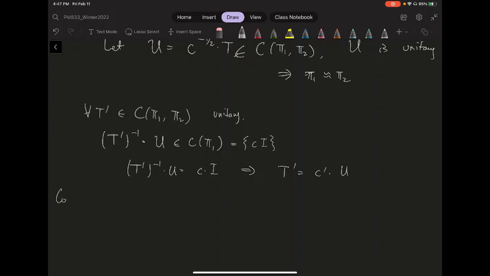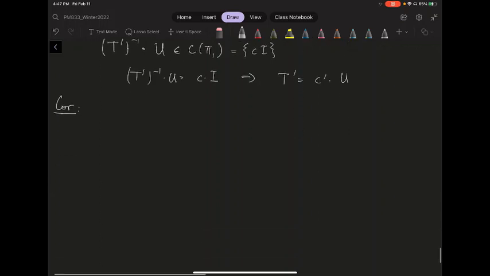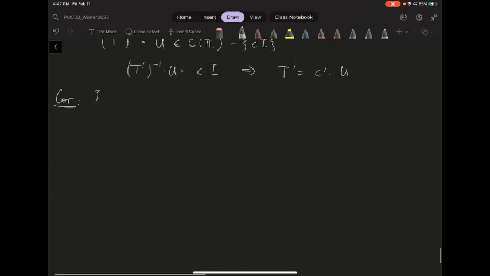So as a quick corollary, what happens when we talk about unitary representations of abelian groups? So if you have a G that's abelian, then every irreducible unitary representation is going to be a character. Okay, you can think about it as a representation on the one-dimensional space.